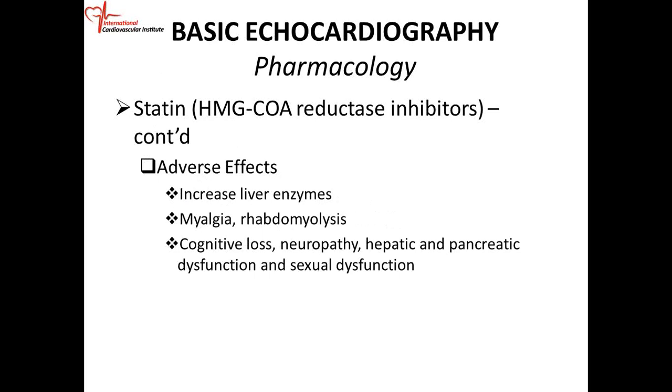Your so-called CPK will be elevated. Okay, these are muscle enzymes. There's some suggestion that it may cause cognitive loss. You may get a neuropathy, hepatic and pancreatic dysfunction, and sometimes sexual dysfunction as well.